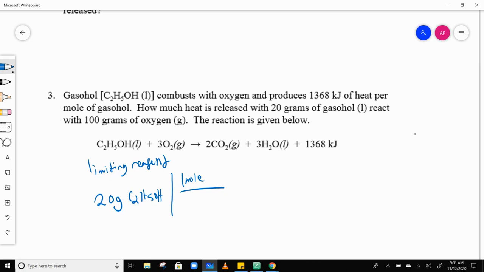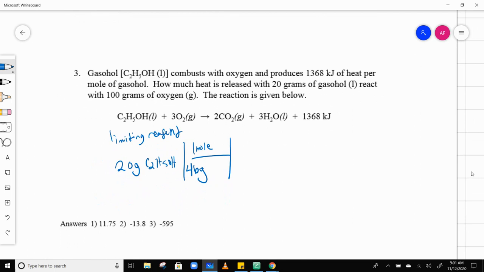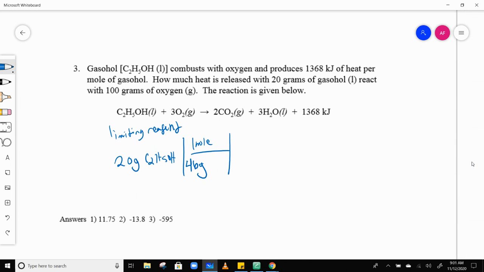The molar mass here is 24 plus 6 plus 16, which is 46. That will tell you how many moles of gasohol there is. So 20 divided by 46 is 0.435.